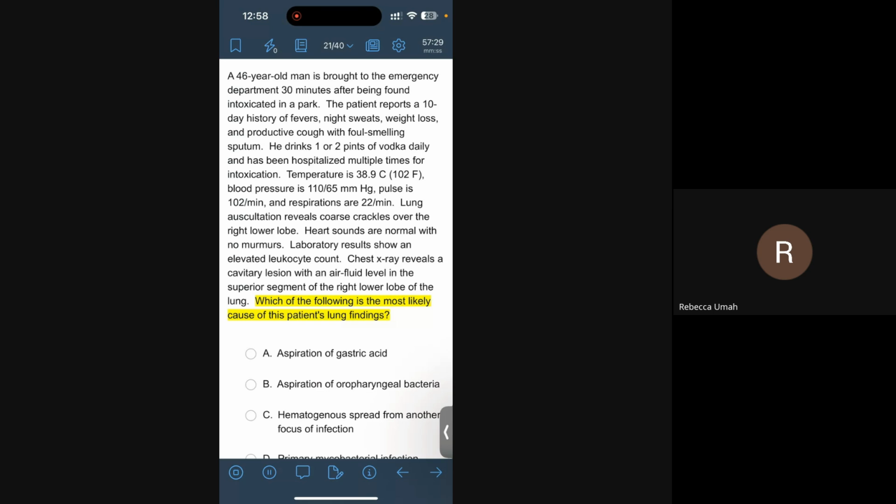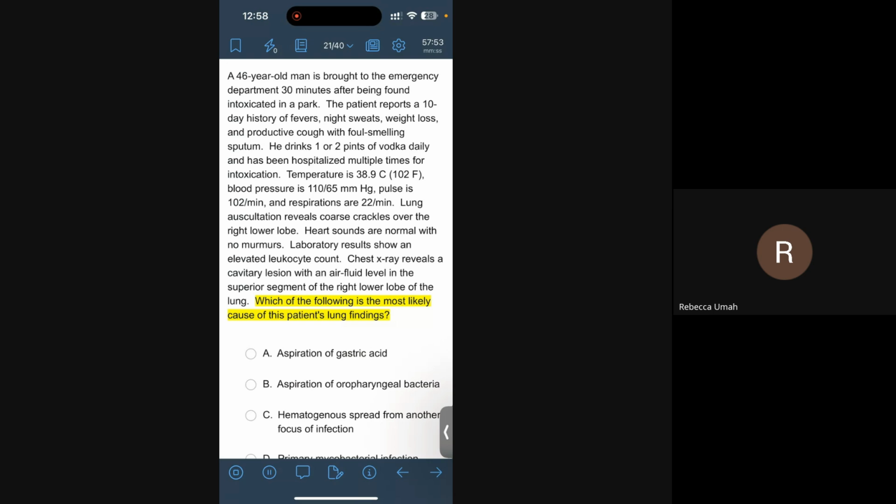He drinks 1 to 2 pints of vodka and has been hospitalized multiple times for intoxication. Crackles over the right lower lobe, elevated leukocyte count, and a cavitary lesion with air fluid levels in the superior segment of the right lower lobe.